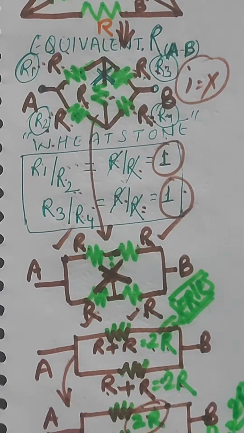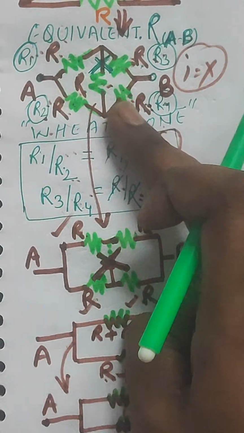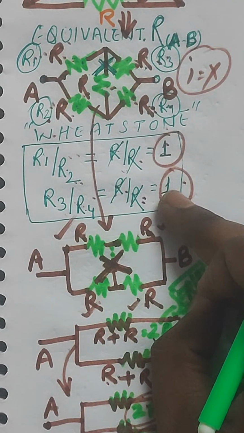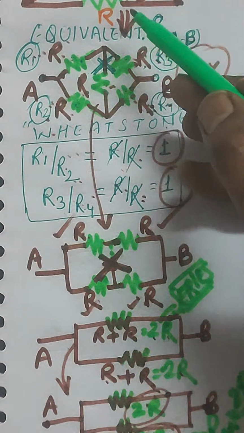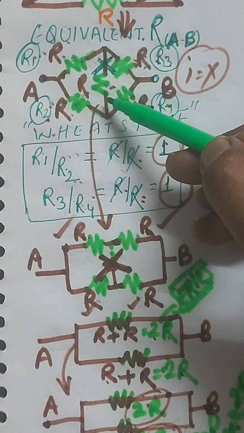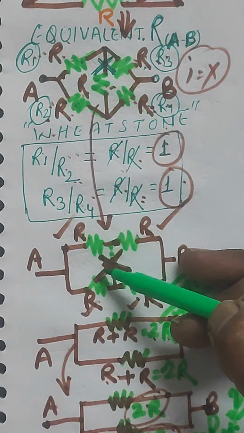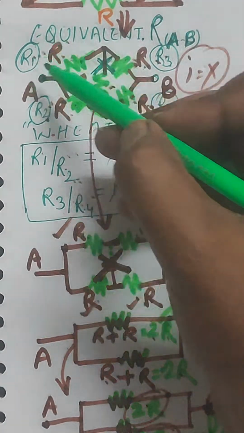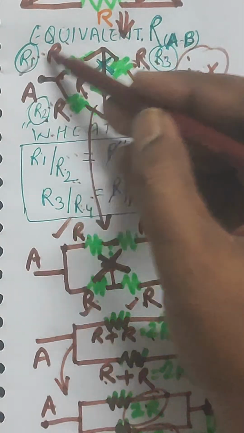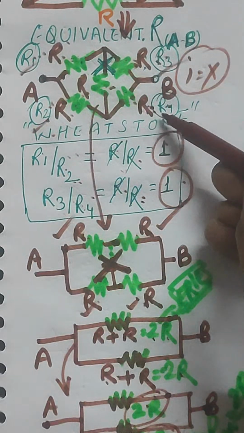The above circuit will be simplified like this. Understanding the concept of Wheatstone bridge, we can see there will be no current passing through the central branch, and the above circuit can be simplified like this, because of the ratio of these four resistors R1, R2, R3, R4.